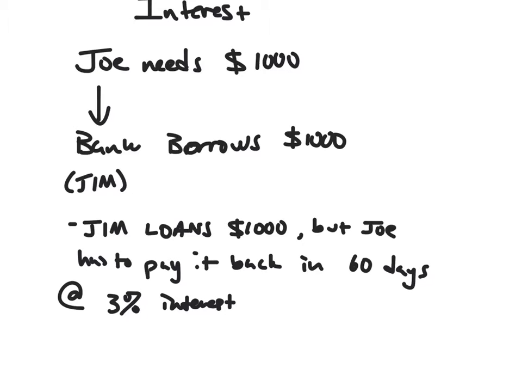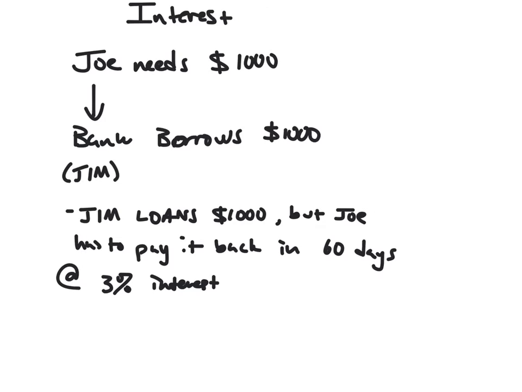Is it 1,000? No, it wouldn't be. So here's how you do this. I take the $1,000, and I know that in 60 days I'll have more than $1,000, but I need the money right now. And so what I do is I say, I need to take 3% of 1,000. Does anybody know how to take 3% of 1,000? What you do is you take 3% and you turn it into a decimal.